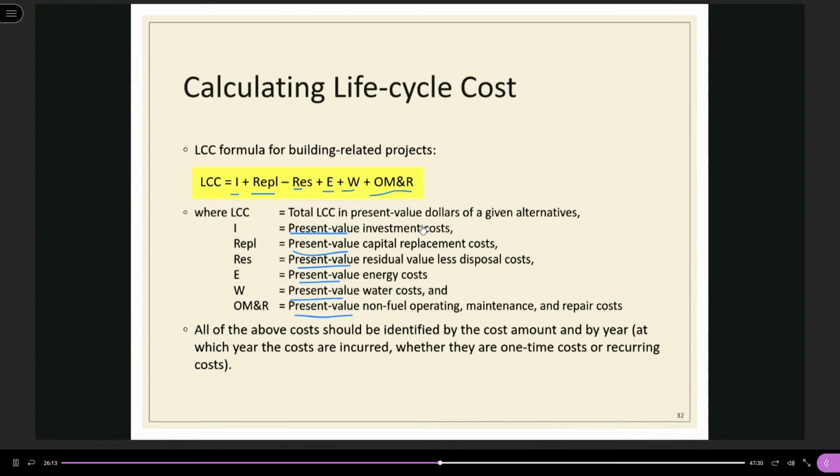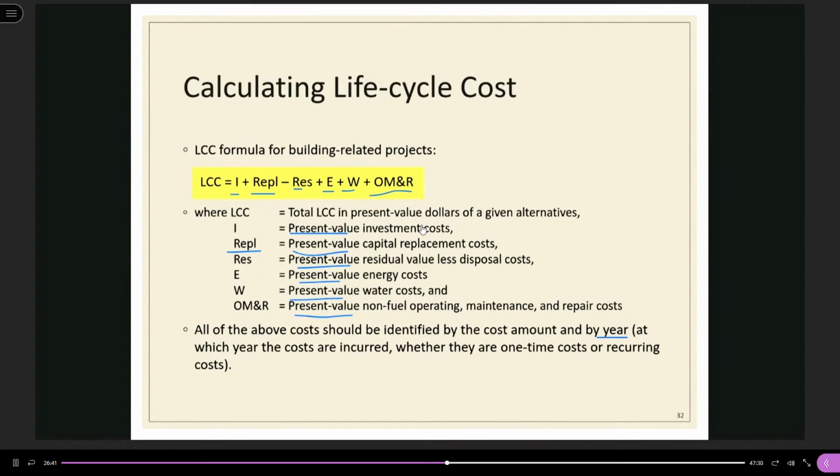Okay, so all the above costs should be identified by the cost amount. How much is the investment cost? How much is the energy cost? How much is the replacement cost? And you also need to identify the year in which these costs have to be spent. Like for the replacement cost, at which year?